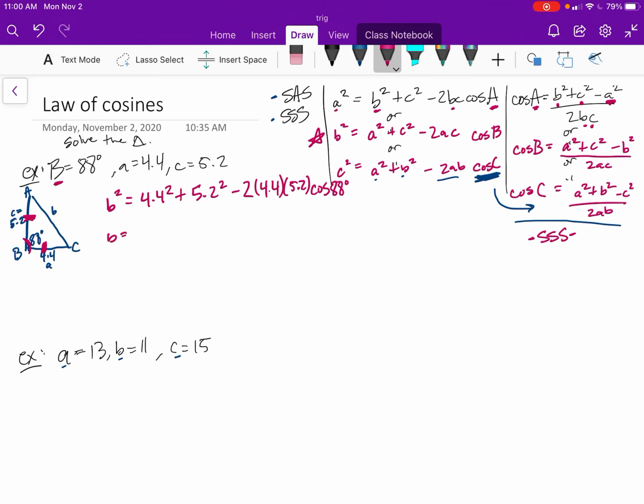Really, they should have just said the formula is b equals square root of all of that calculator stuff from above. That should just be done in one step. And you get about 6.69. Okay, 6.69.